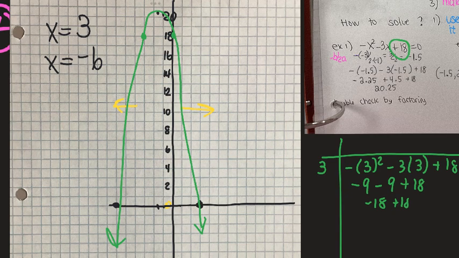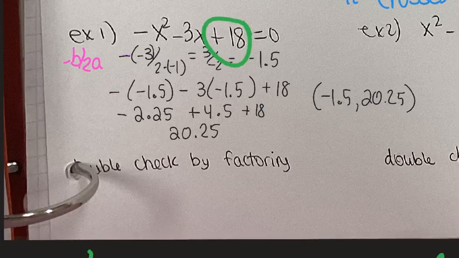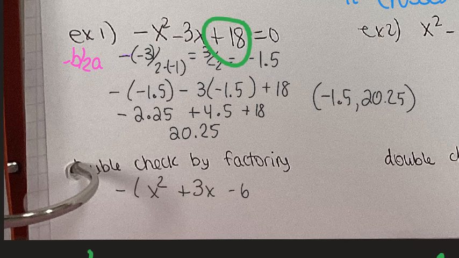Now, on the notes, I said you could double check by factoring. So if we wanted to factor this equation, we could take out a negative, and now 18. We could take out the negative 1, and now we say signs don't match. They have to make a 3 when we're done.